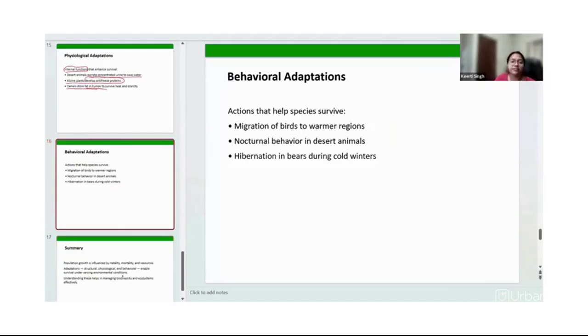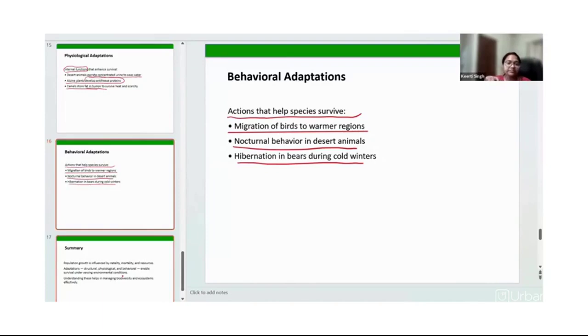These are actions performed by a particular type of organism, whether plants or animals, right? For example, in winter, birds migrate to warmer regions where there is more heat. And when the winter goes, the birds come back to their native places. Some animals go under hibernation during cold winters because the temperature above the soil is very low and inside it is warm.